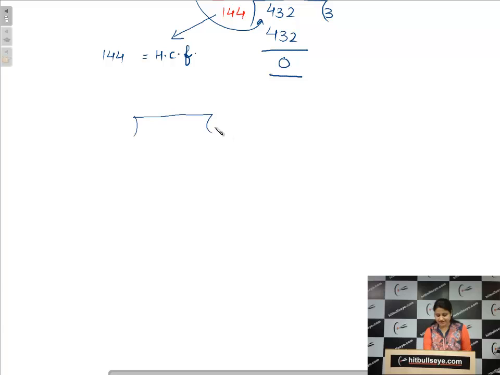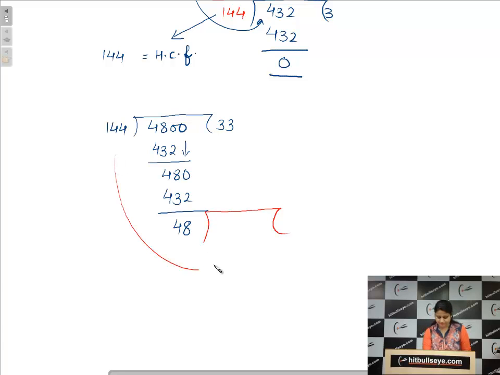We will find HCF of 4800 and the number 144. Now the normal division, we are getting 48 as the remainder.